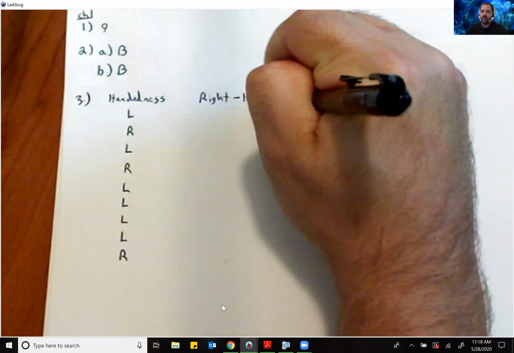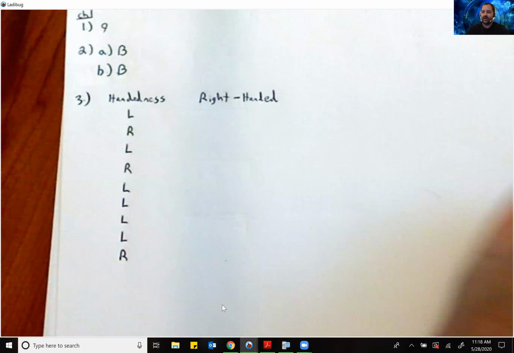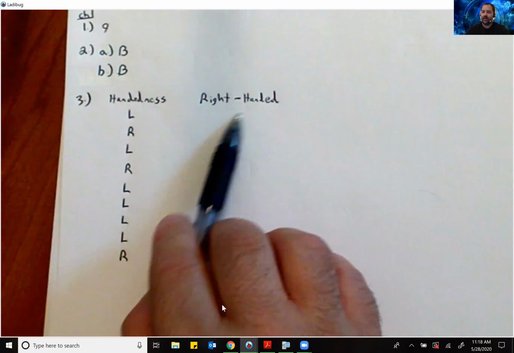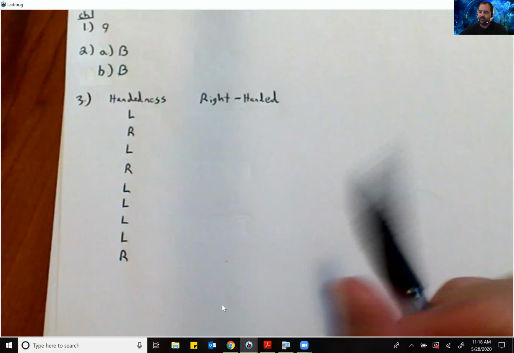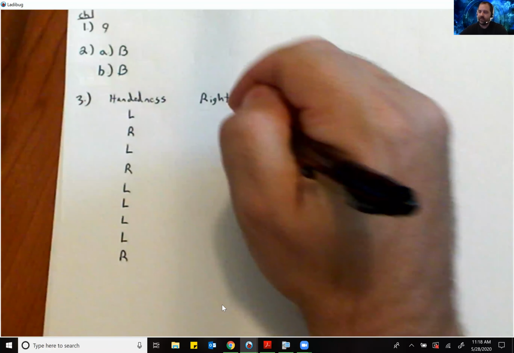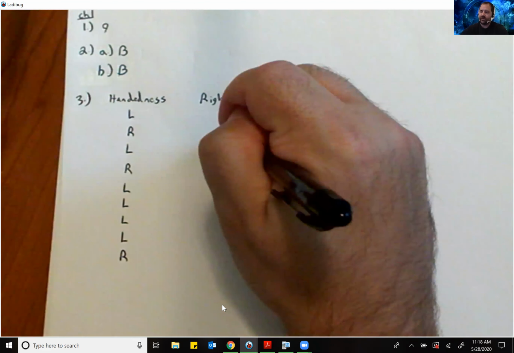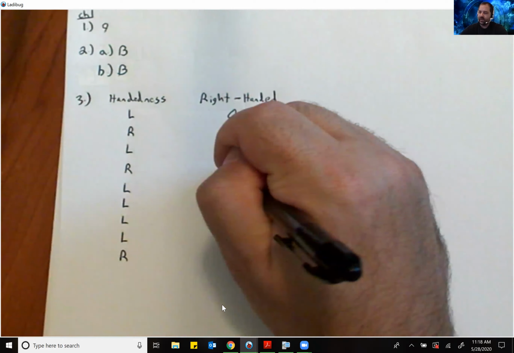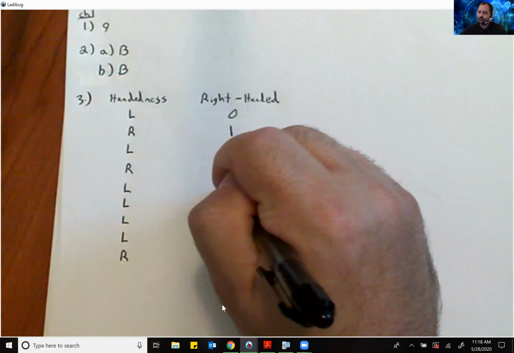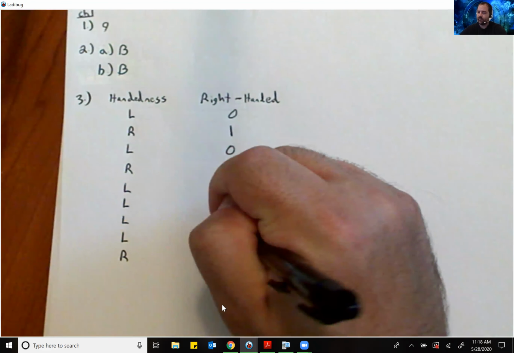So when they say right-handed is your column, that means anybody that's right-handed is a 1. Anybody that's not right-handed is a 0. So left became 0, R became 1, left became 0, right became 1, then we got 4 more zeros, and then a 1 at the bottom.